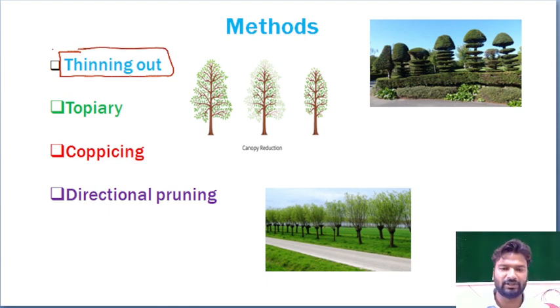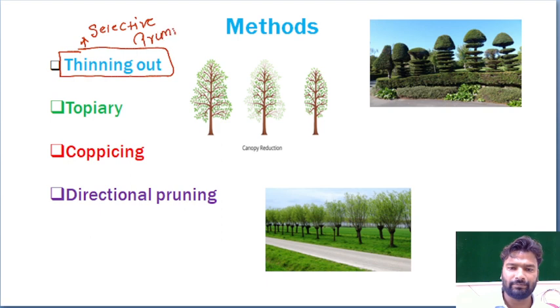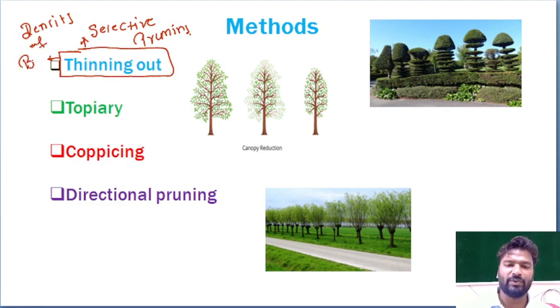What is the meaning of thinning out? This is selective pruning, in which we reduce the density of branches, meaning we cut some branches, which reduces the density of branches and also increases the sunlight penetration.